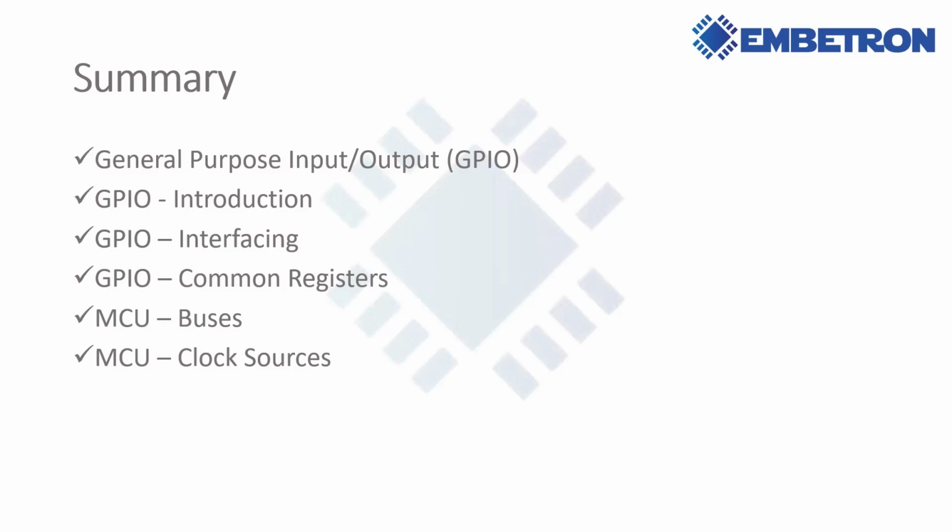Then we learned about two buses, the high performance bus and the peripheral bus, and the difference between the two, which one is faster and slower, and the various clock sources that an MCU can have, and the precision levels of those clock sources we discussed.